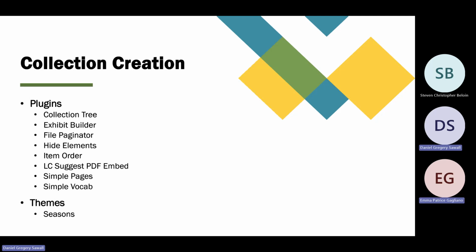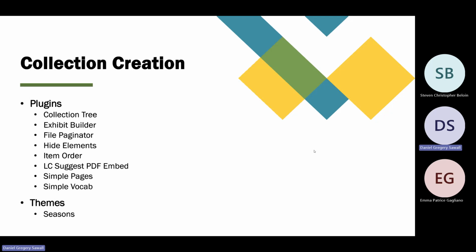Yeah, in terms of the collection creation and the exhibit and everything, we use a couple of different plugins. So we use the collection tree builder in order to build that tree and those subdivisions, the exhibit builder to build our exhibit, and file paginator, for example, we have a couple of items that include a couple different photos.